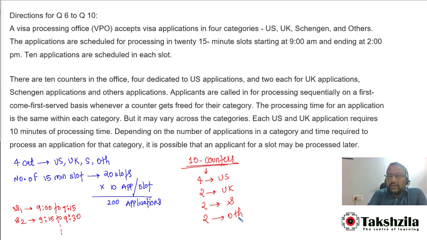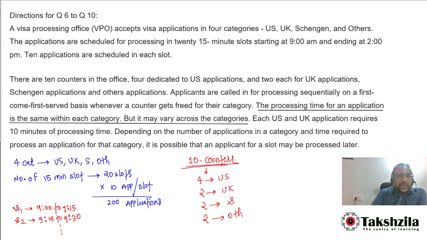Applications are called in for processing sequentially on a first come first serve basis whenever a counter gets freed for that category. The processing time for an application is the same within each category, but it may vary across the categories.